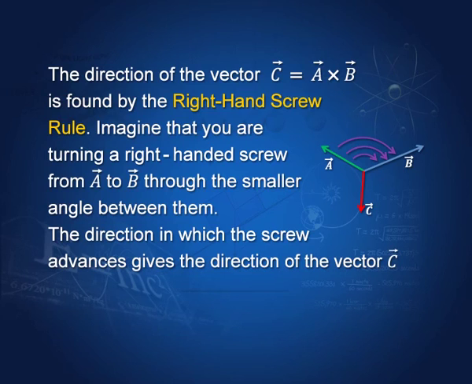You rotate from A to B, and what do you find? As you rotate from A to B, you find the screw goes down. That means the vector product of vector A and B is perpendicular to both A and B and is in the downward direction, as shown here.